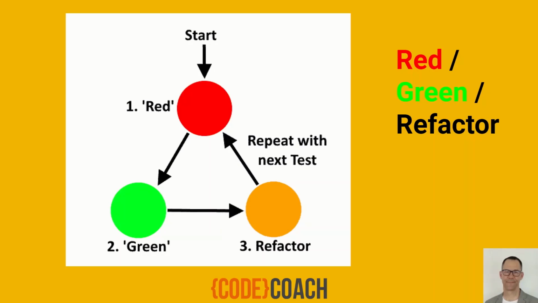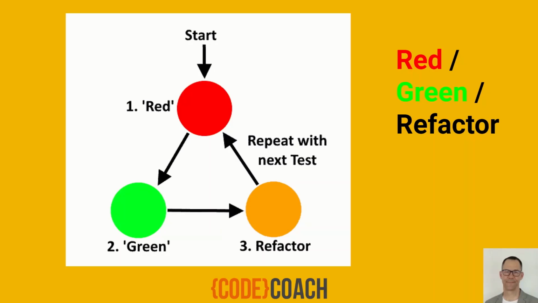The refactor step is where we improve our code, whether it's the production or implementation code or our test code. In fact, we will improve both of these. The refactor step doesn't always exist, so sometimes there isn't anything to refactor, but when it does exist, we will do both.